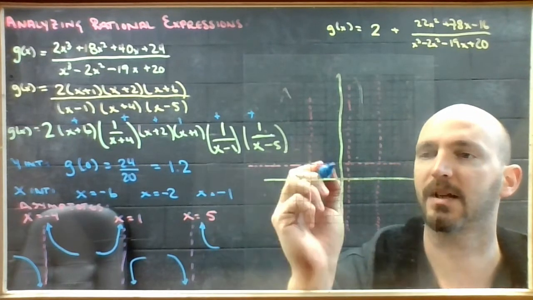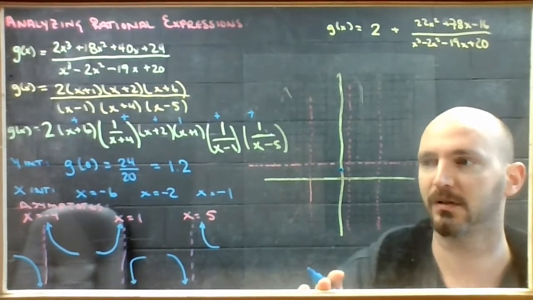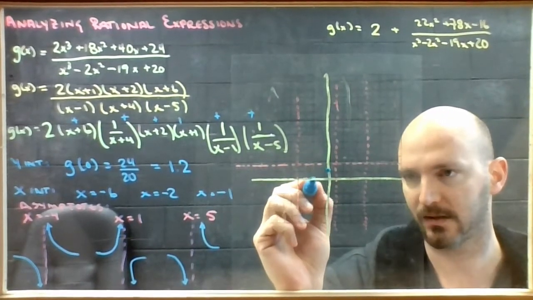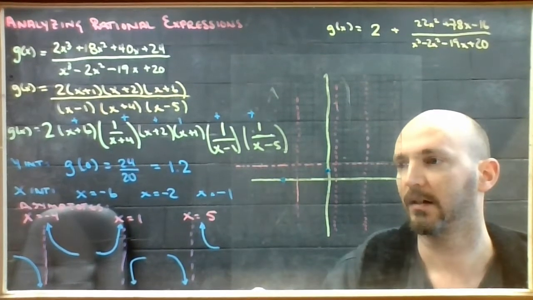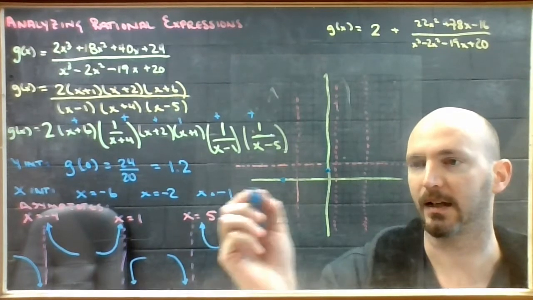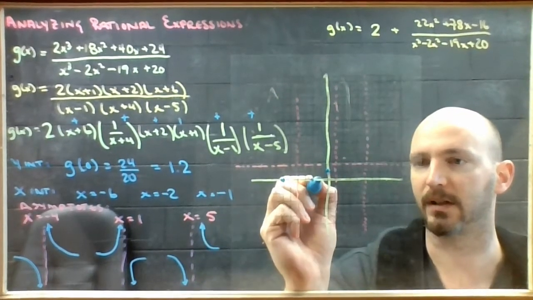And I have a Y-intercept at 1.2, which is there-ish, that'll do. At -6, 2, 3, 4, 5, 6. And at -2. And at -1.